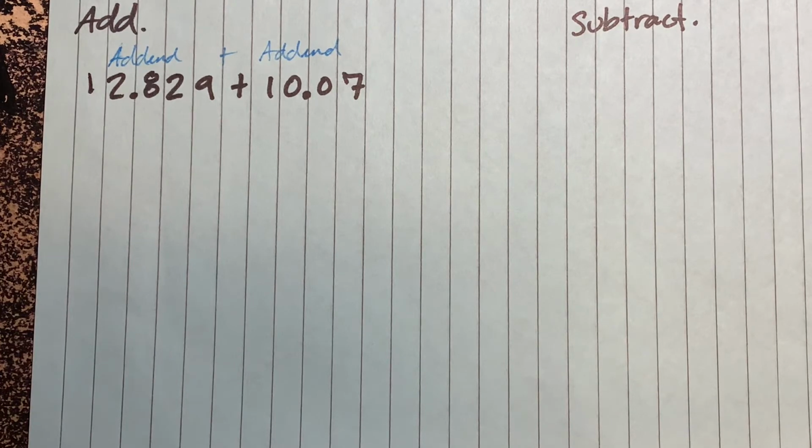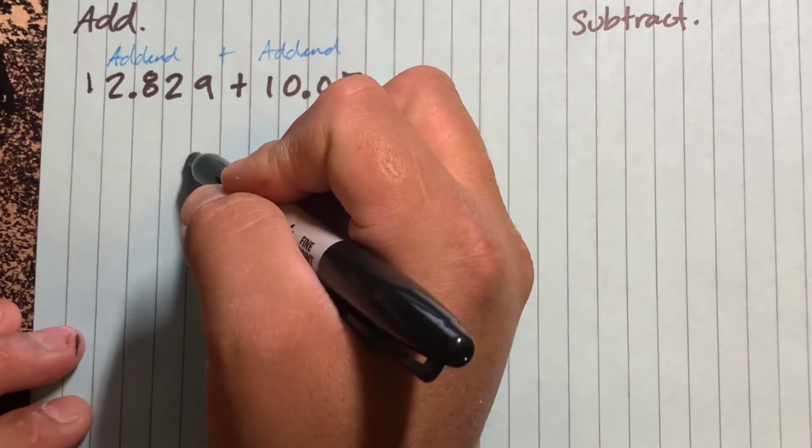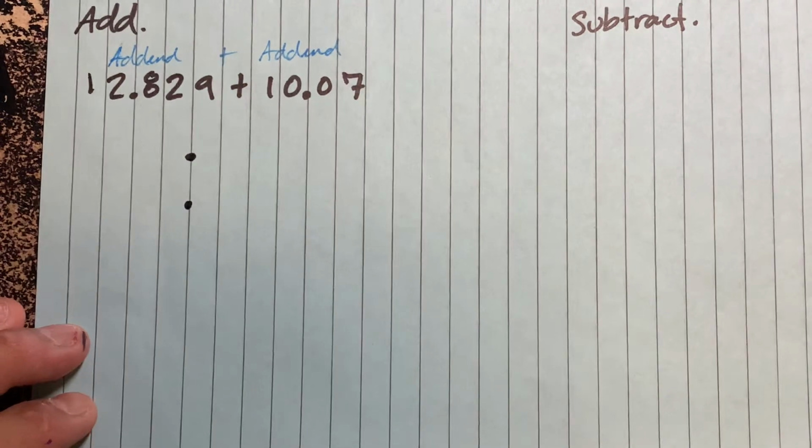All right. So again, remember, an addend is basically numbers that we're going to be adding together. So let's go ahead and write this out. First thing we have is we have the addend. Oh, before we do that, let's align our decimal points.